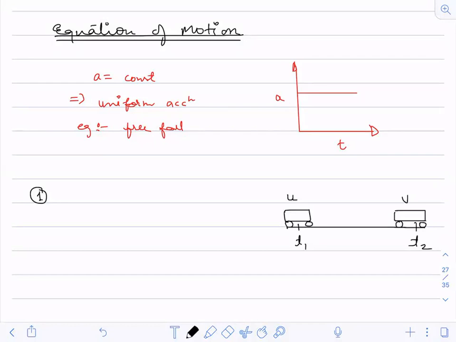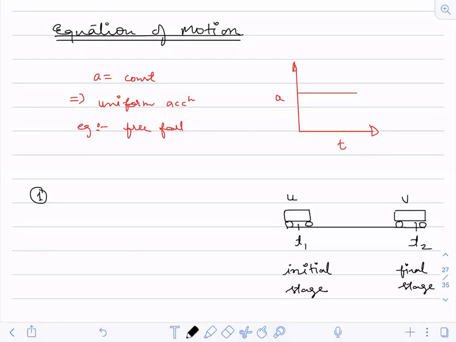Assuming this to be the initial stage, and this is the final stage, now I will calculate the acceleration.